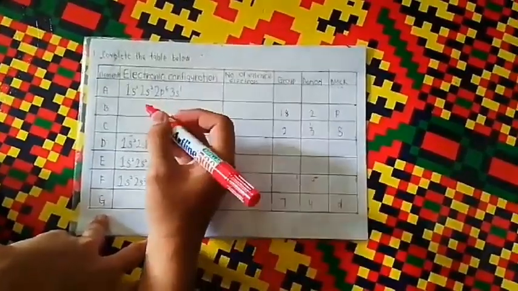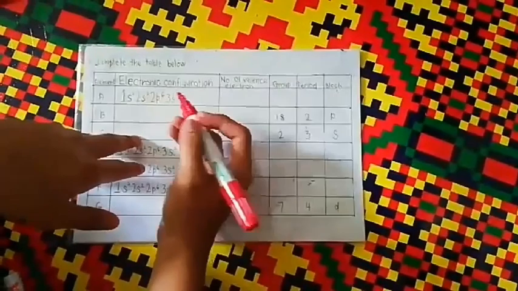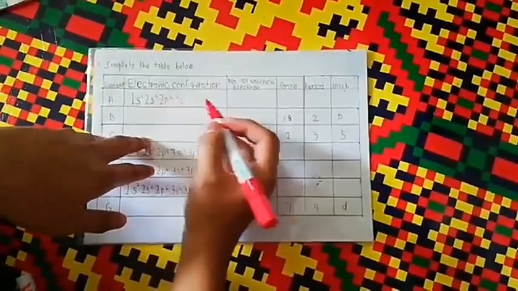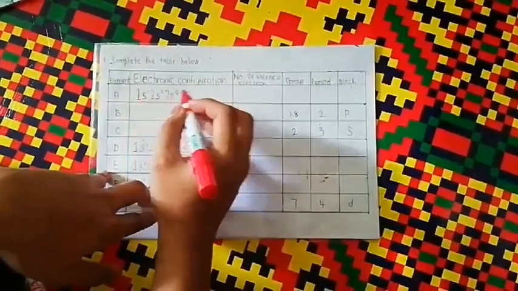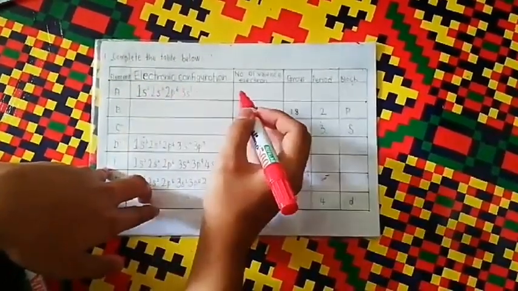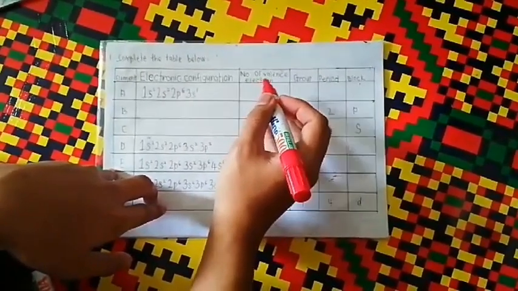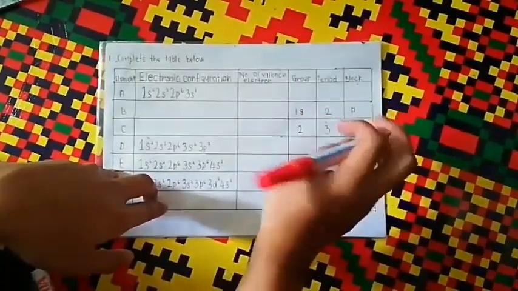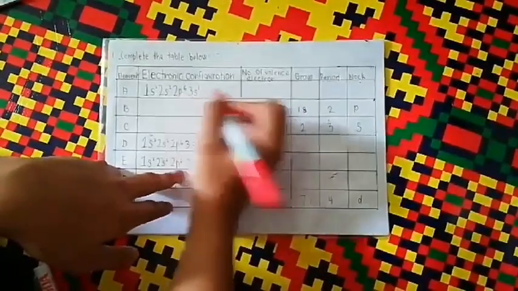So the first question is complete the table below. When we have a question like this, when we are given the electronic configuration of element A, we need to determine the number of valence electron, group, period, and block. Firstly, we need to determine the block.